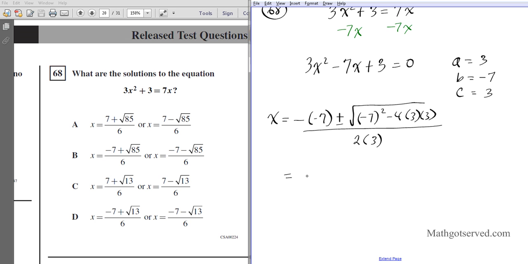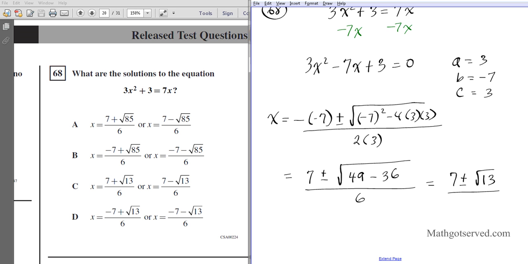We're going to have minus times minus 7 plus or minus the square root of 7 times 7 is 49 minus 4 times 3 times 3, which is 36, over 6. All right, so that's going to give us 7 plus or minus the square root of 13 over 6.